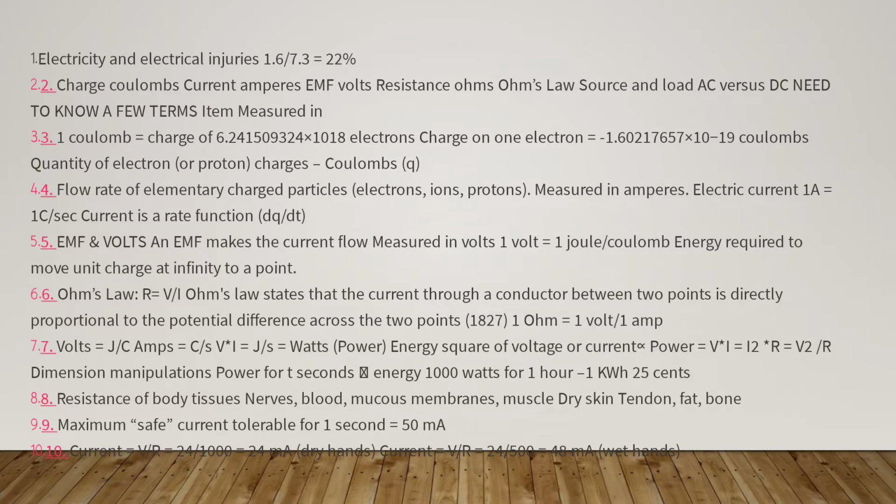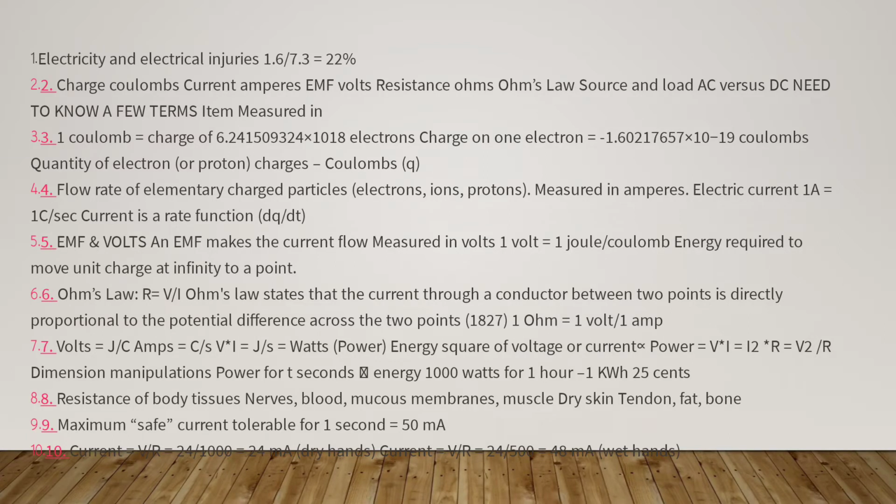Watts is power. Energy is directly proportional to the square of voltage or current, and power equals V times I. Power for t seconds gives energy: 1000 watts for 1 hour is 1 kilowatt-hour, about 25 cents.